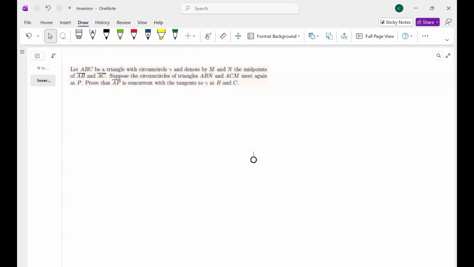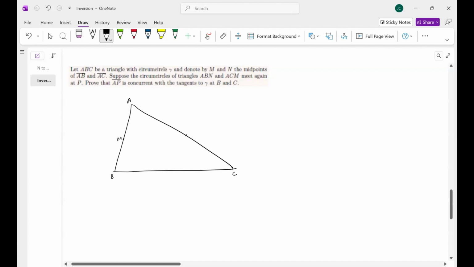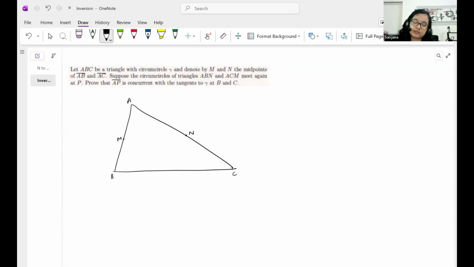So it is sufficient to prove ABC median. I think root half BC inversion will work. Yes, you can do that. You can also, I think root BC would also work.